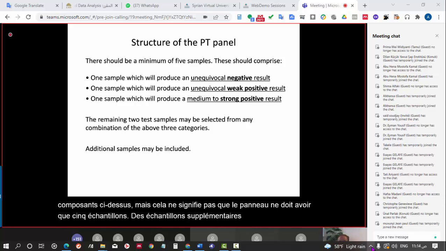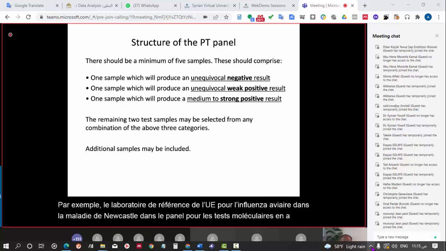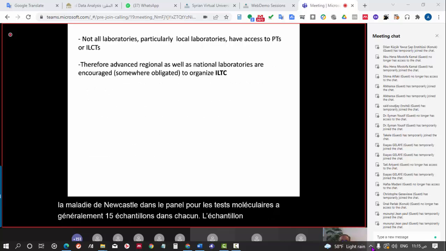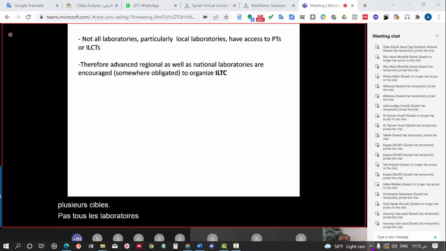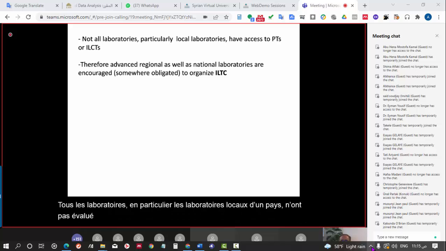For example, the EU reference laboratory for avian influenza and Newcastle disease in panels for molecular tests usually has 15 samples, and each sample is tested for multiple targets. Well, not all laboratories, particularly local laboratories within a country, have access to proficiency tests or inter-laboratory comparison tests.